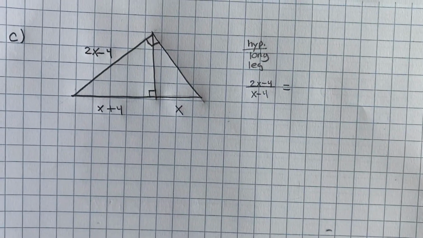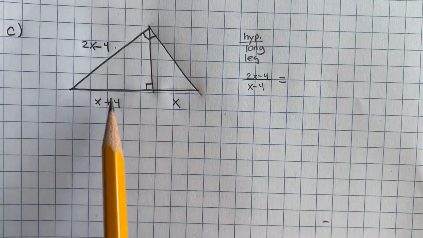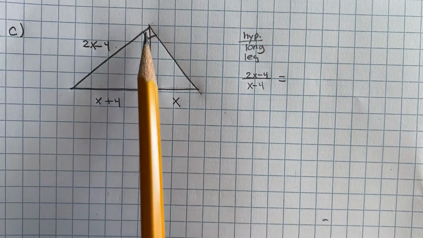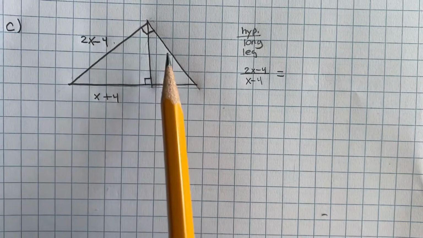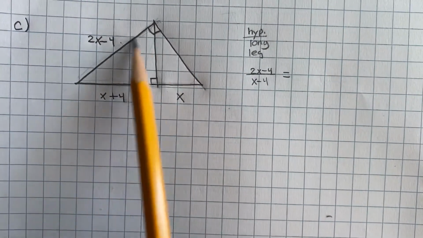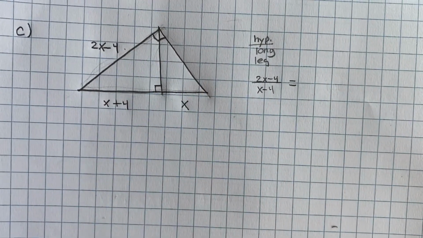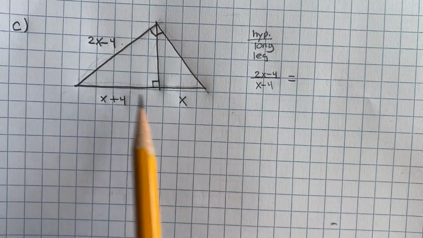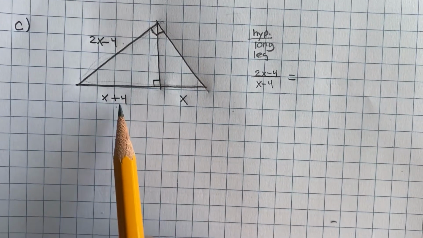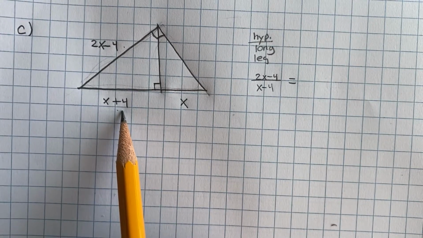All right, so again, I need to be consistent: hypotenuse is to long leg. But I'm also going to compare, and I don't really want to compare this triangle right here because I don't have enough information. I'm going to compare with the big triangle because I know all 3 triangles are similar to each other. The hypotenuse of the bigger triangle is going to be x plus 4 plus x.